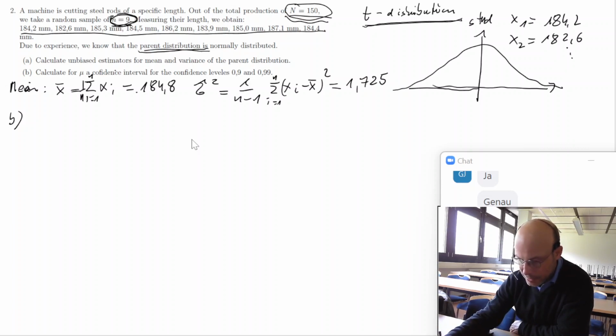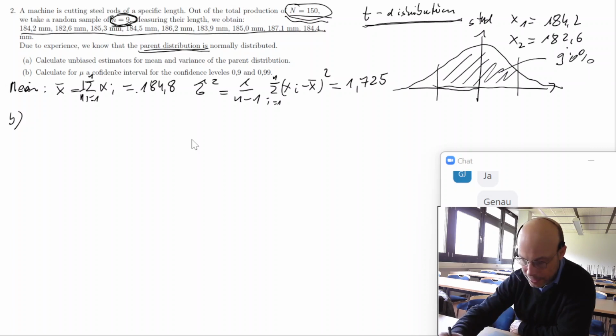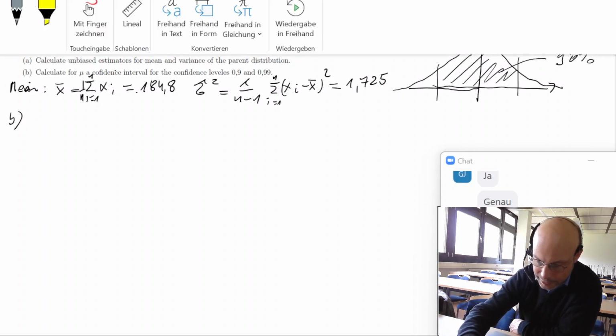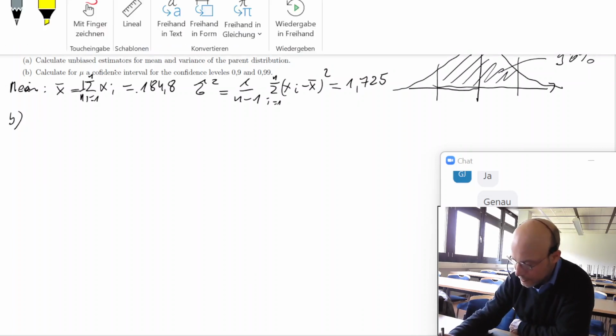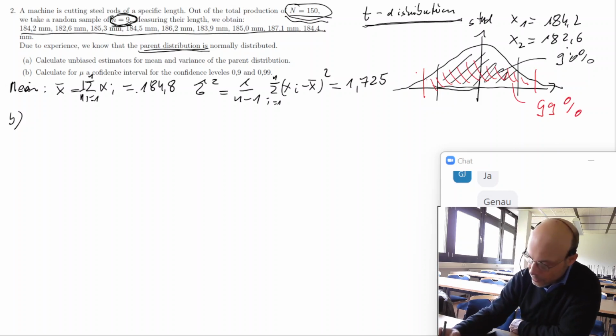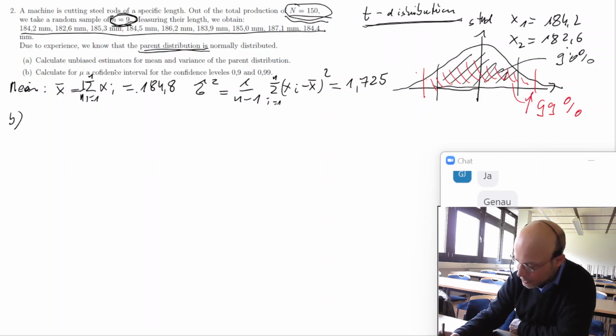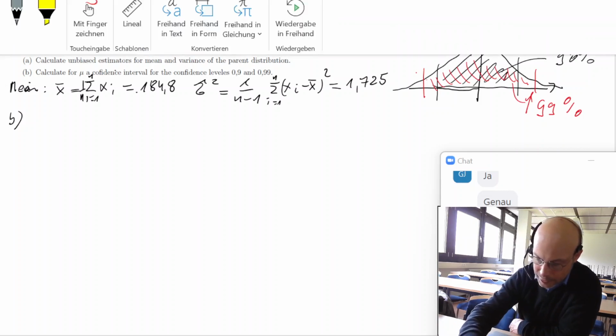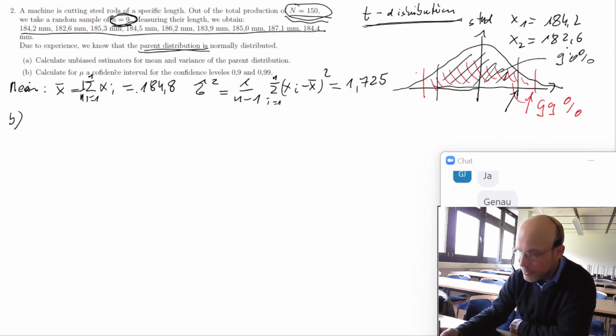In the first case we want this area to be 90%, and in the second case we want this area to be 99%. So we need to know this number here and this number here.